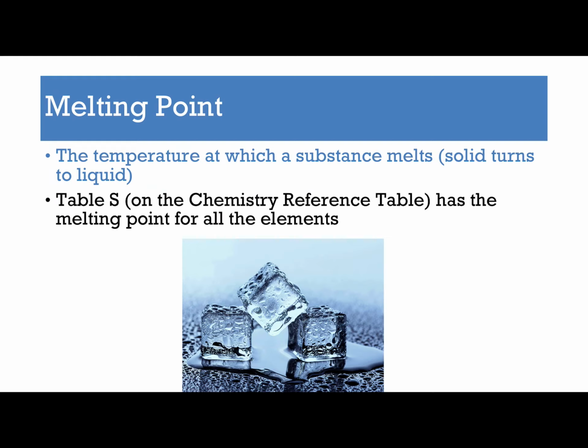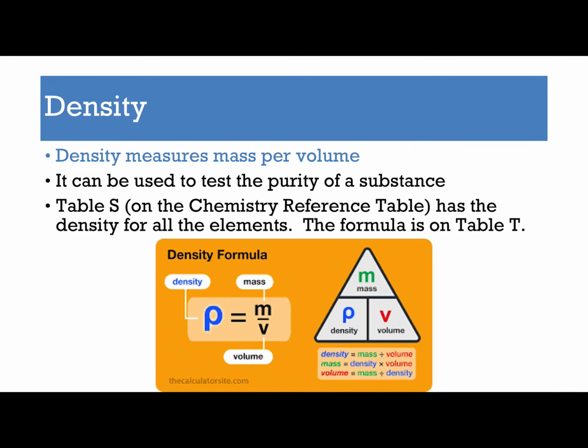Okay, density. Density is a measurement you could do, so it counts as a simple physical property. Density measures the amount of mass per a given amount of volume. And it can be used to test the purity of something. So if you're synthesizing a compound, you can see how accurate it is based on what the density is.